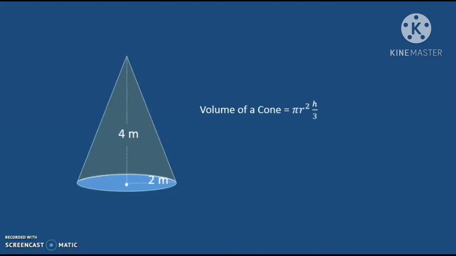So all we have to do is plug them into our equation, π times 2² times 4 over 3, which if we calculate equals roughly 16.755 m³. Nice!